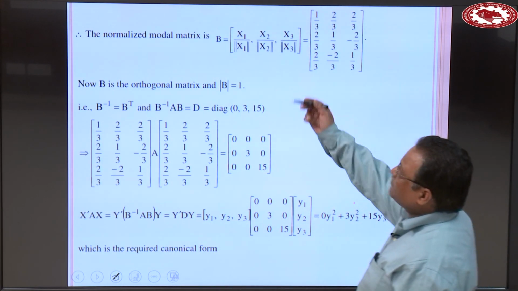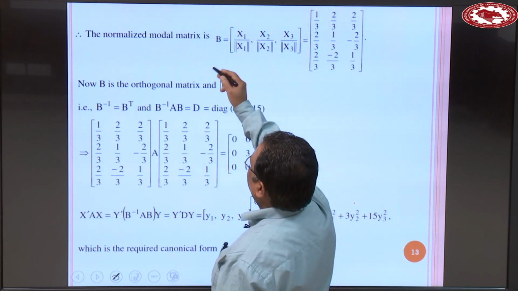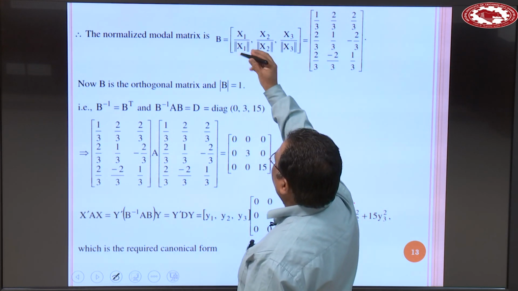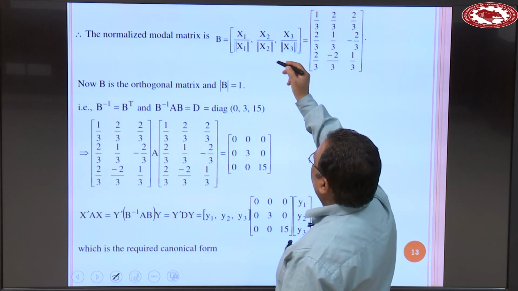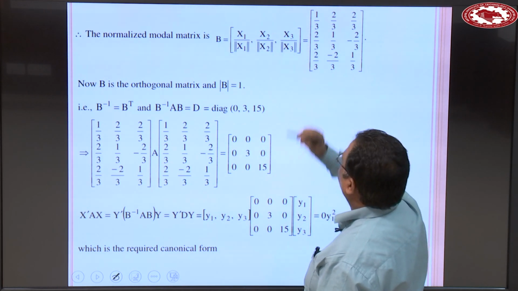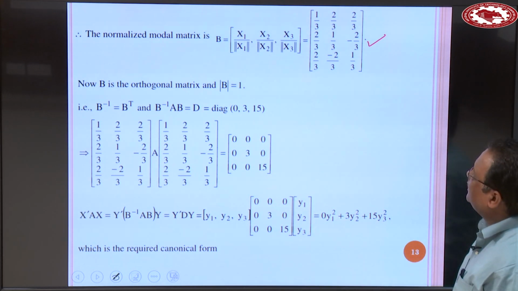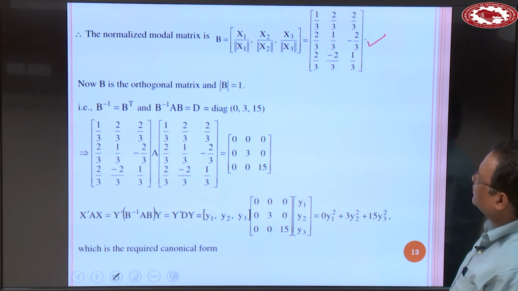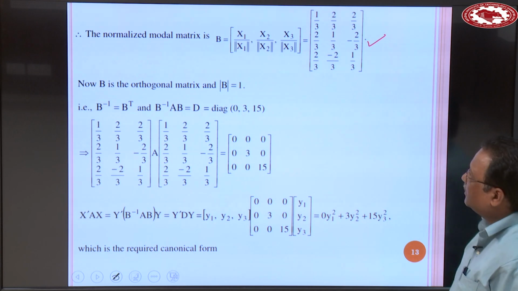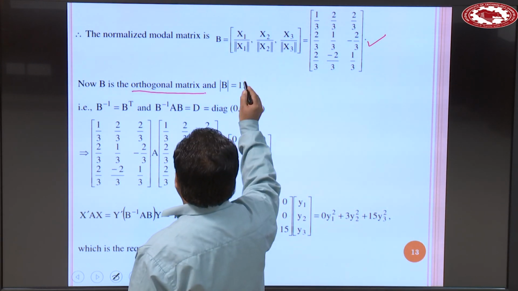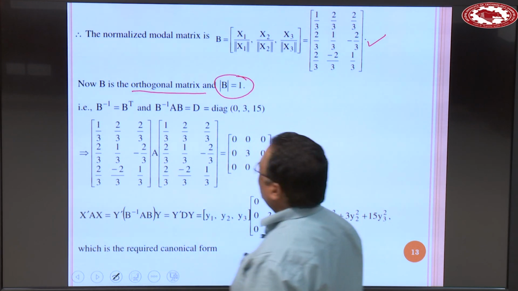Now the normalized form of this model matrix, that one is B is equal to x1 over norm of x1, x2 over norm of x2, x3 over norm of x3, and when you evaluate you will get 1 over 3, 2 over 3, 2 over 3 and so on, 1 over 3, okay. And this B is an orthogonal matrix, and determinant of B is equal to 1.